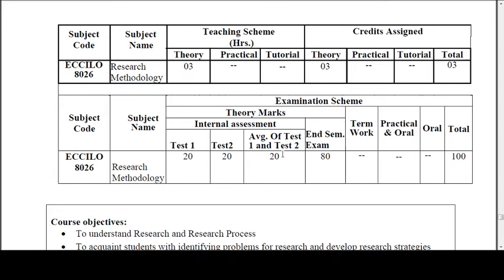At the end of the semester, the theory exam which is taken by the university, Mumbai University, is 80 marks. There is no term work, and there is no practical and oral for this subject. Theory lectures per week are 3.